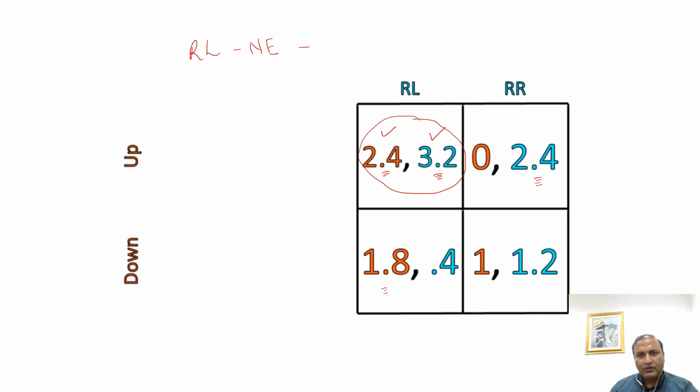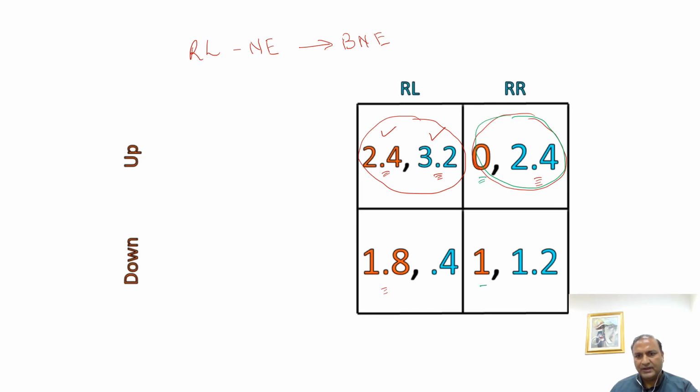And we call it a Bayesian Nash equilibrium. And then we look at this one here. So now if we look at player number 1, he is getting 0 here.